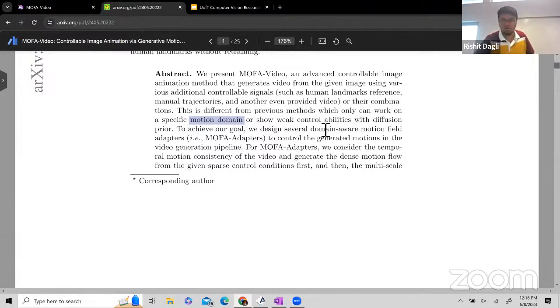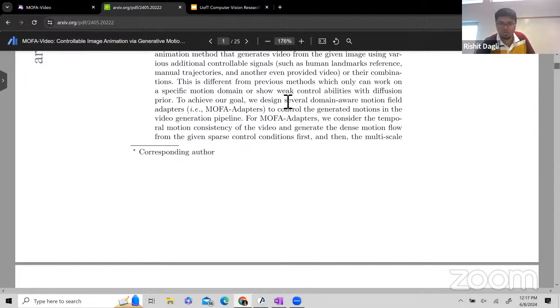Now let's talk about weak control abilities. Basically, they refer to the limited capability of a system to allow users to influence or direct the outcome of the animation process.